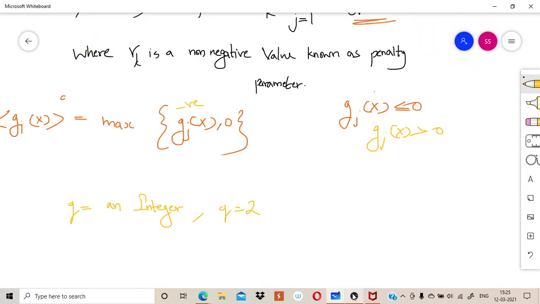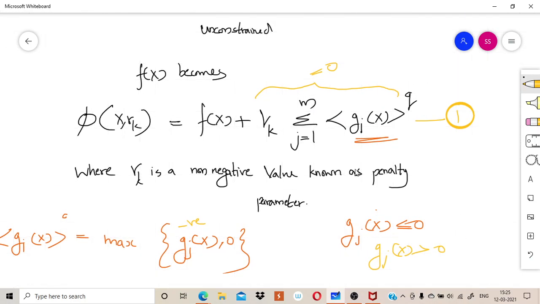So it can be seen from equation 1, as you can see, that the effect of the penalty term on the RHS is to increase phi of x, rk in proportion to the qth power of the amount by which the constraints are violated.